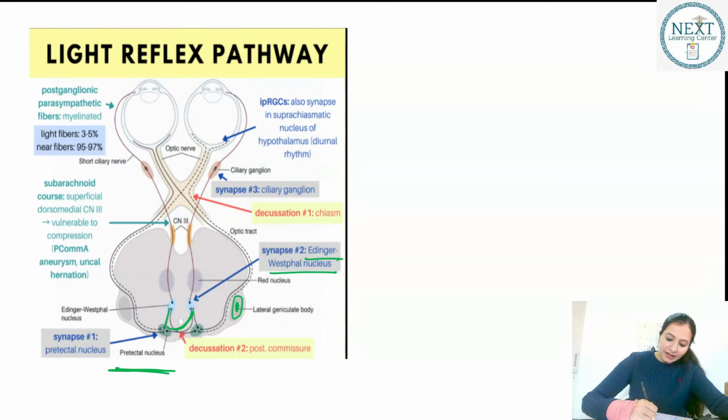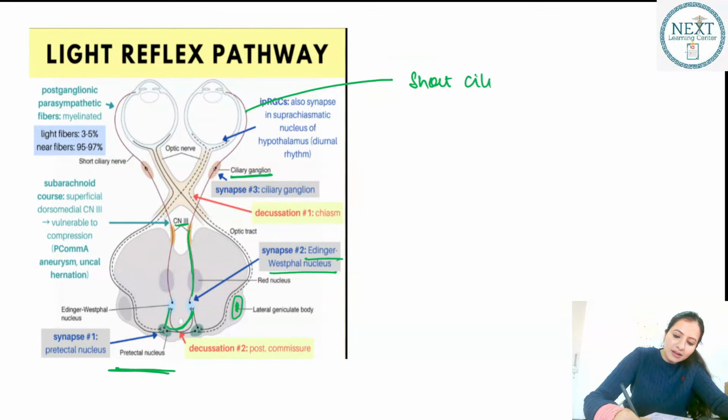So from the Edinger-Westphal nucleus, it will go up to the motor nuclei of third cranial nerve, and then it will go into the ciliary ganglion, from where you have got short ciliary nerves which will finally go and supply your sphincter pupillae.